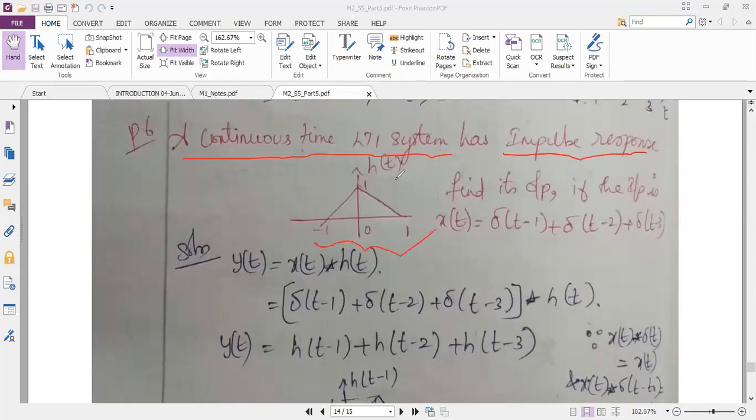They have given the impulse response in terms of a diagram, not any expression. And they are asking you to find the output if the input is x of t equal to delta of t plus 1 plus delta of t minus 2 plus delta of t minus 3.